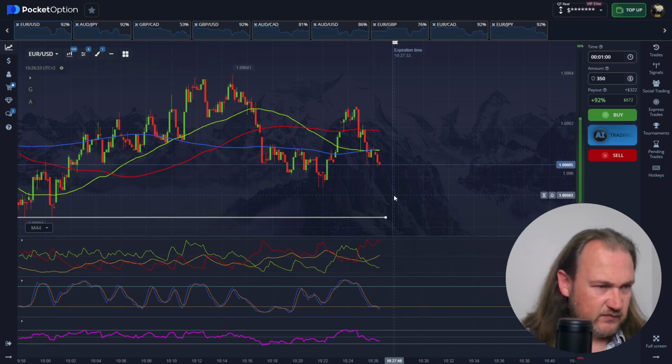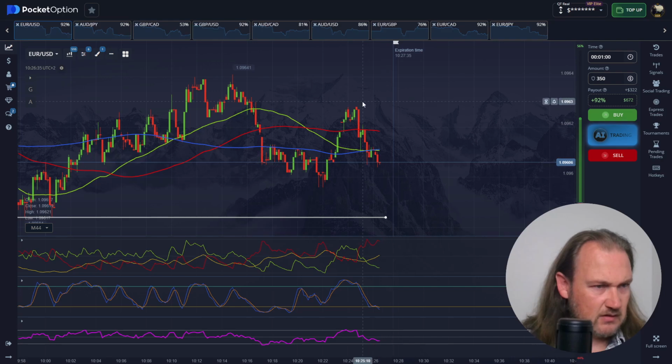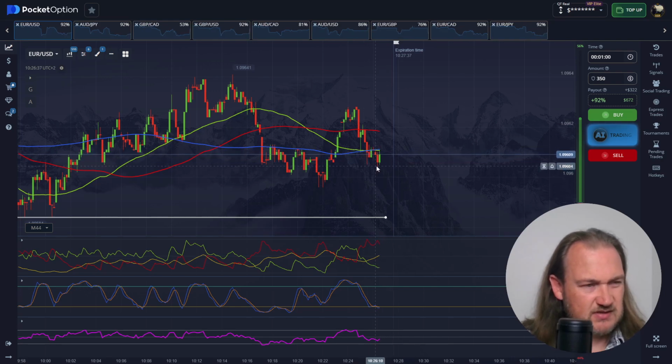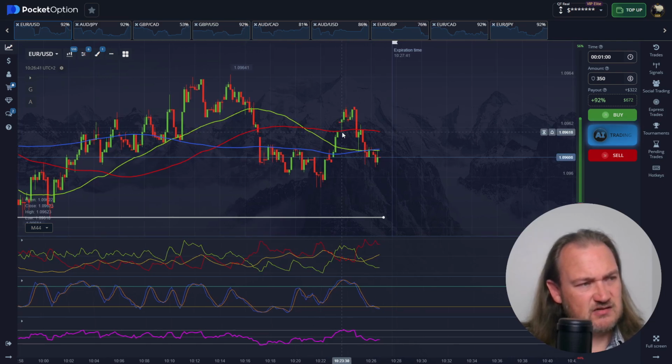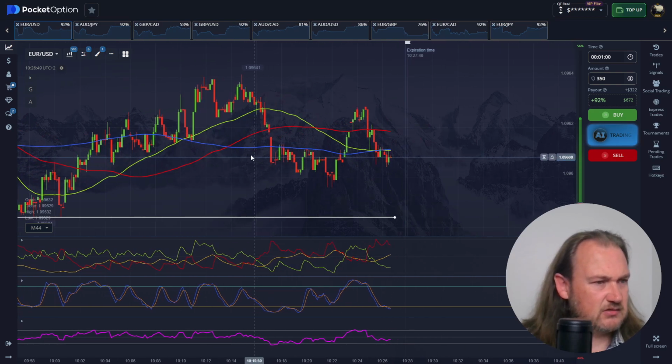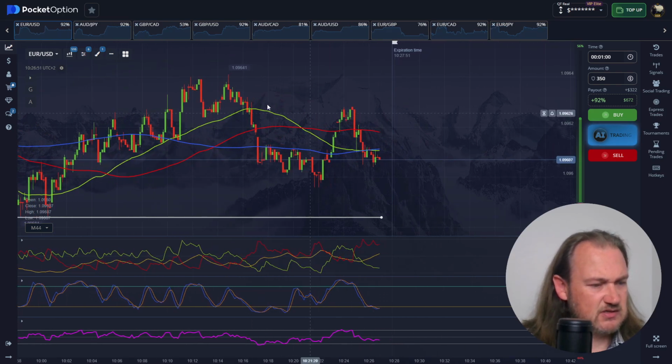Ooh, it's getting really volatile now. Not really big upward movements, but it's enough to be classified as sideways movement. Not really trending, just ups and downs, ups and downs. I mean, this is 10 minutes.